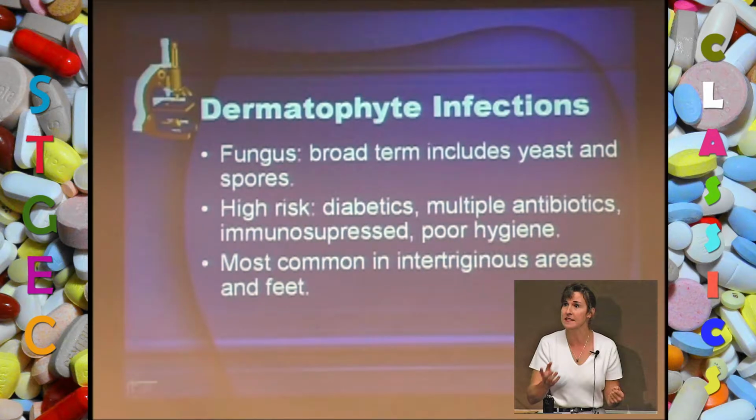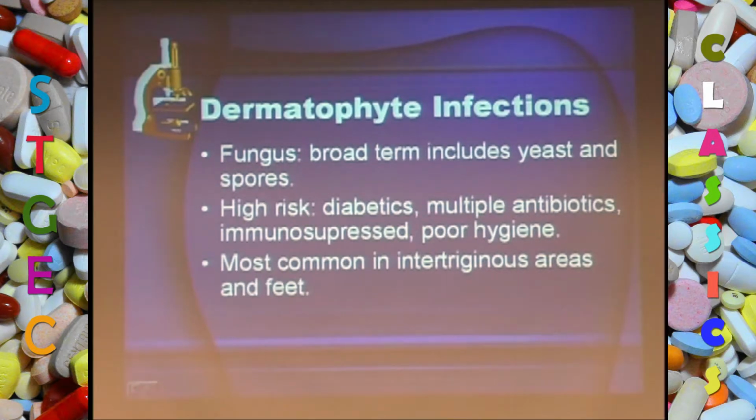And as I mentioned, this is another area where we see it very commonly in the intertriginous areas, the skin-on-skin areas: the groin areas, under the breasts, the axillary areas. If you have a larger patient who has a little bit of extra skin, you might see it in the abdominal folds or underneath the belly. Very, very common areas, and of course also on the feet.